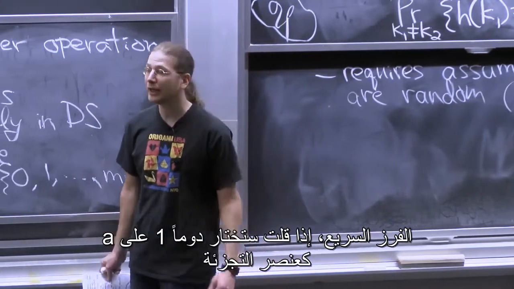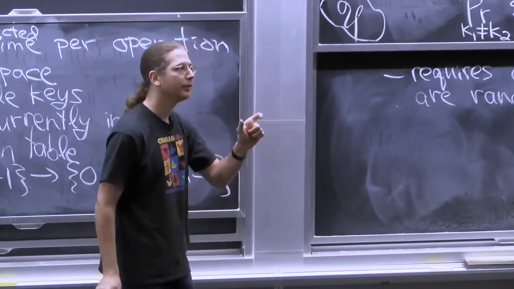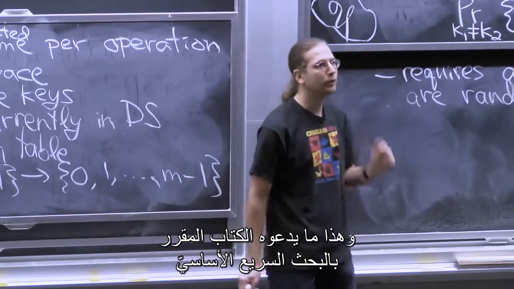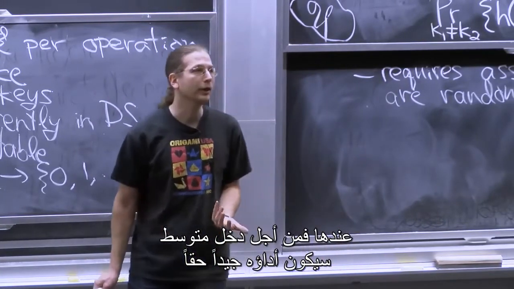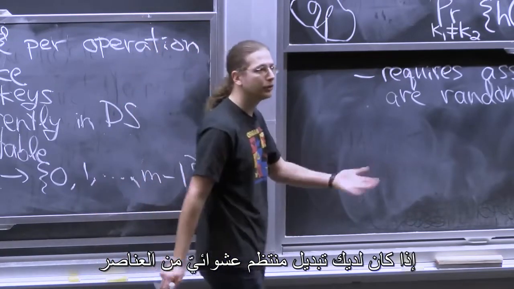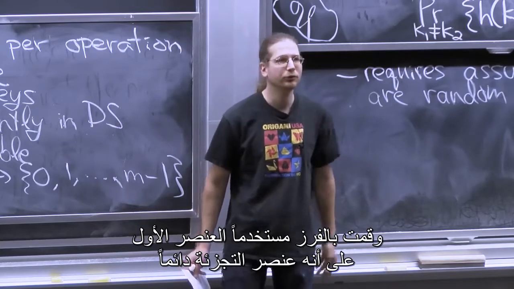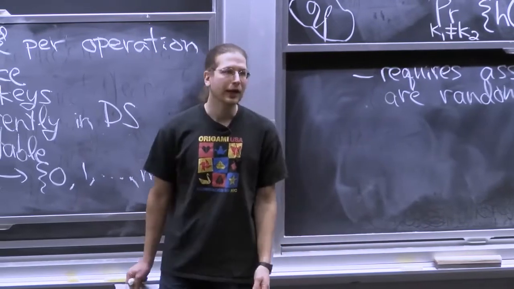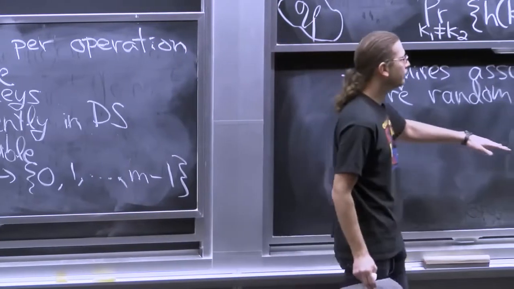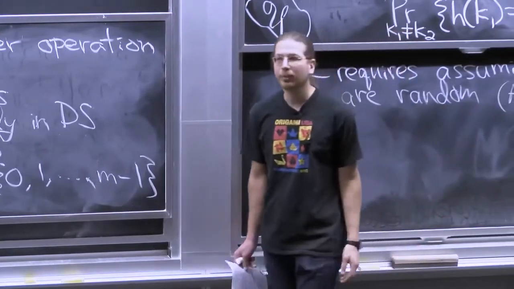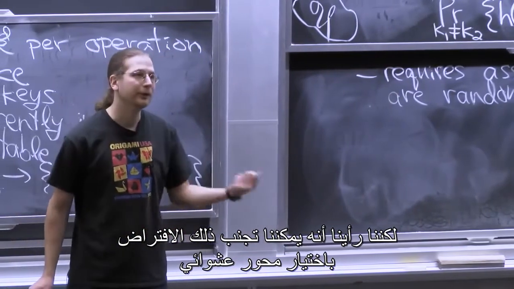Quicksort, if you say, I'll always choose A of 1 to be my partition element, that's what the textbook calls basic quicksort, then for an average input, that will do really well. If you have a uniform random permutation of items and you sort with the method of always choosing the first item as your partition, then that will be n log n on average, if your data is average. But we saw you could avoid that assumption by choosing a random pivot.